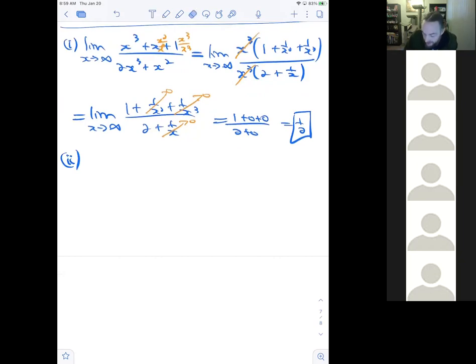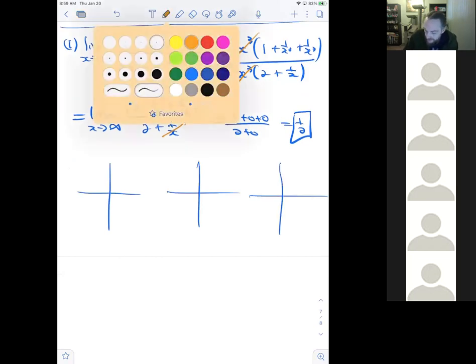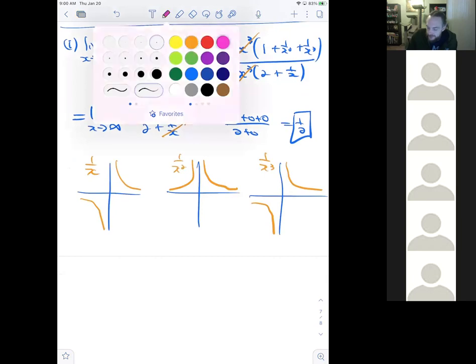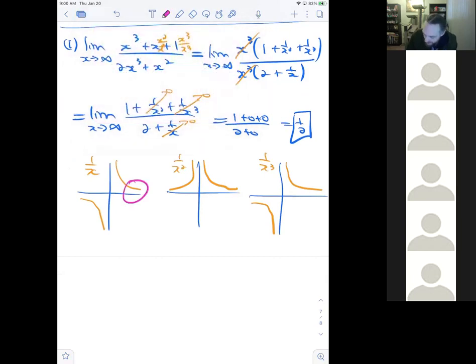And the reason I knew this was because we know that all of these reciprocal functions, whether it's 1 over x or 1 over x squared or 1 over x cubed, all of these limits go to 0, that is, the limit as x approaches infinity of 1 over x squared equals 0, is what that's telling me.